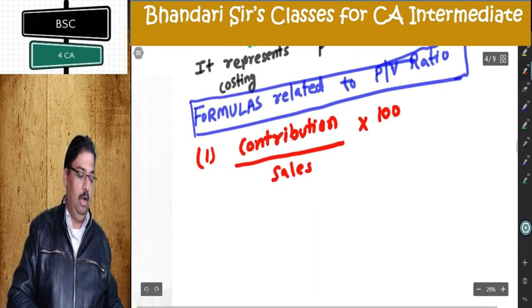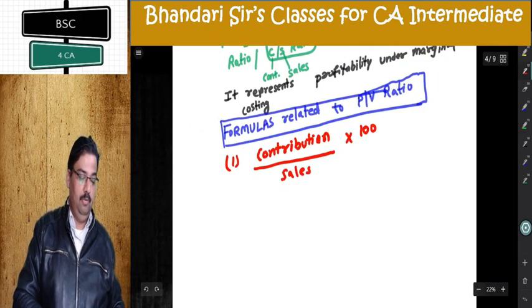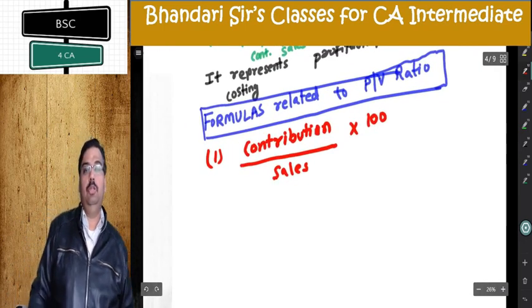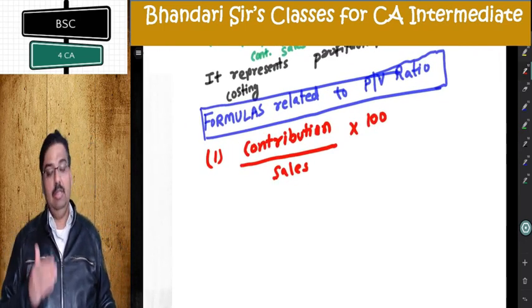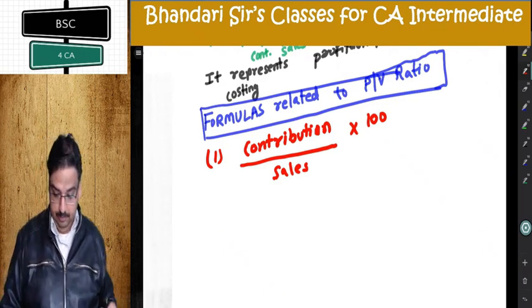Now why am I doing into 100? Because I want to have percentage. This is represented in percentage. That's why multiplied by 100.